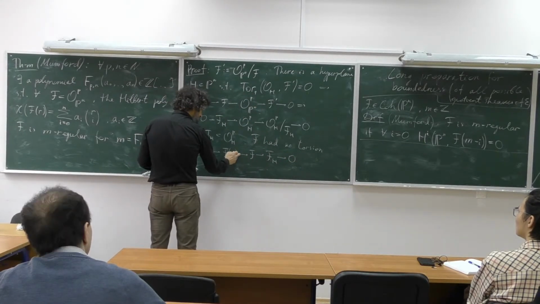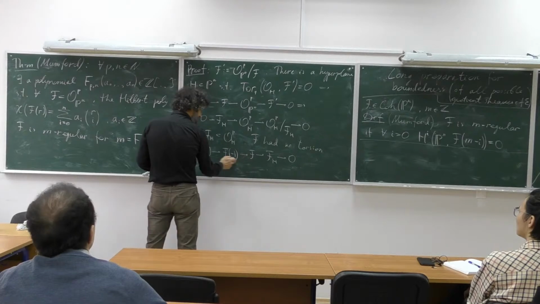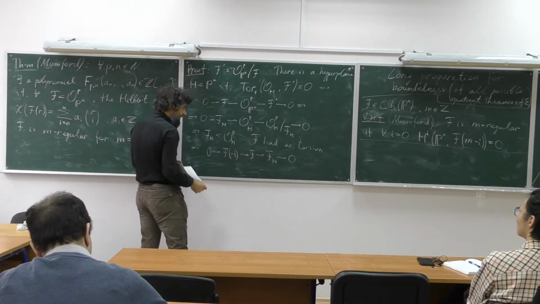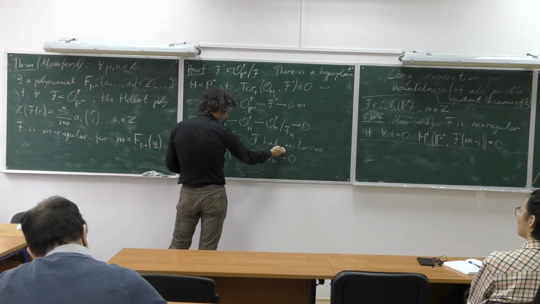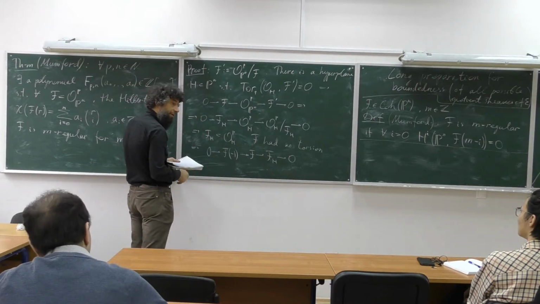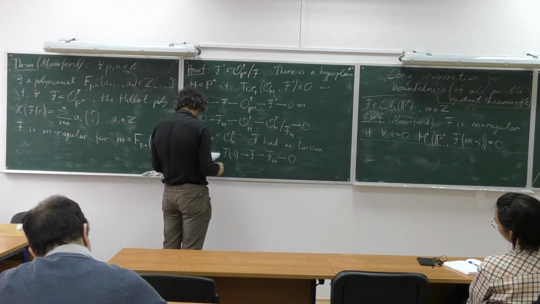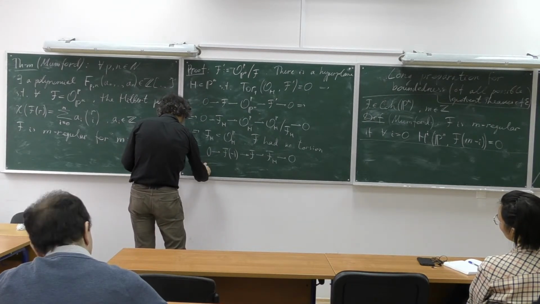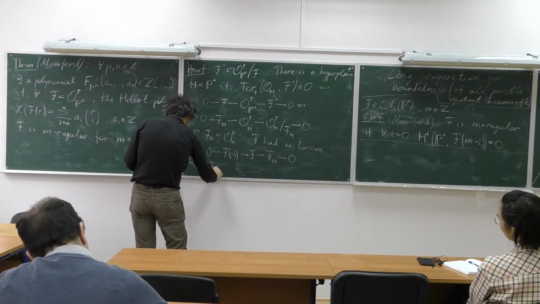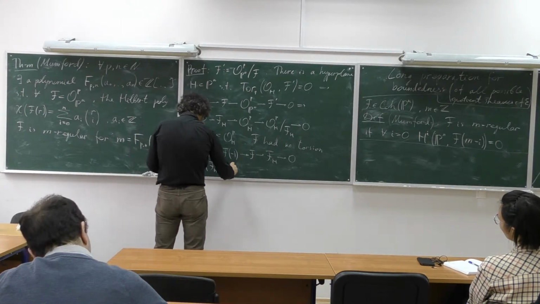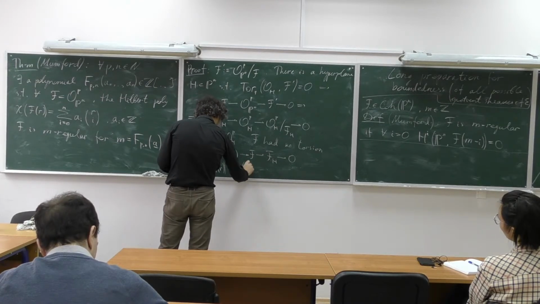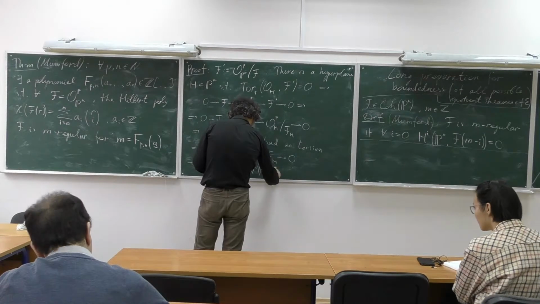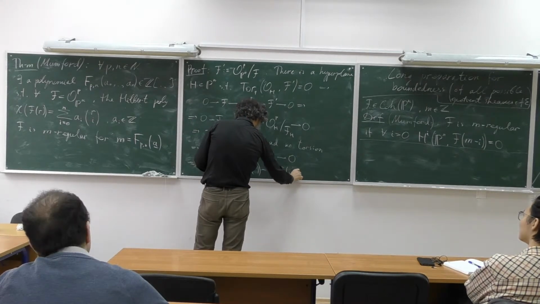In principle, this canonical morphism could have a kernel, but since F has no torsion, there can be no kernel here. And from this we see that the Euler characteristic of F_H twisted by R is the Euler characteristic of F twisted by R minus the Euler characteristic of F twisted by R minus 1.